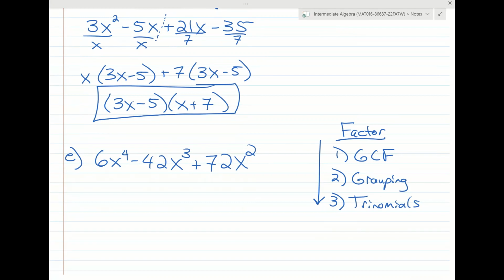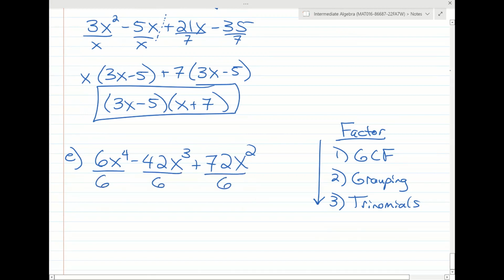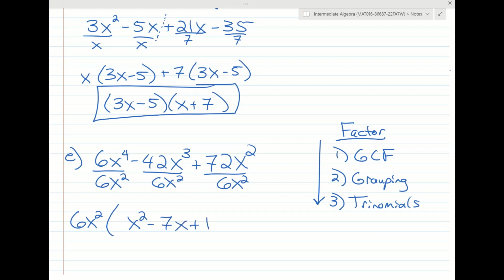So we could take a 6 out of everything, and an x to the 2nd. So we get 6x squared, and we're left with x to the 2nd minus 7x plus 12. What we did is we took the GCF before we even got to trinomials.